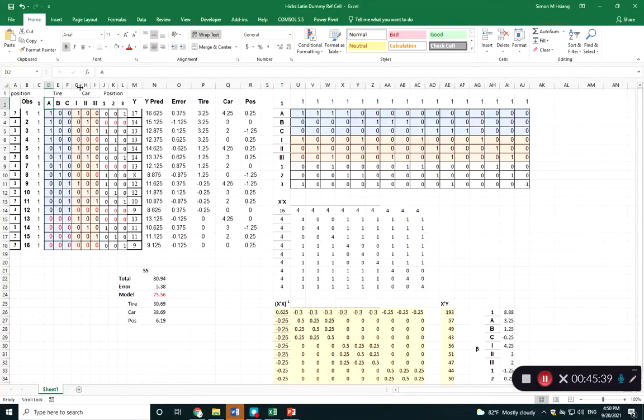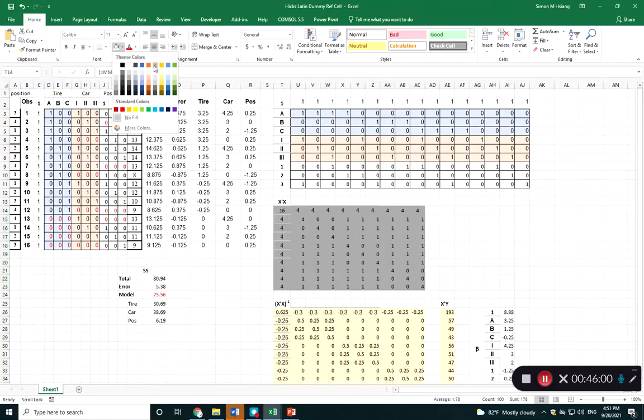See that? I have 3 columns for my car. See that? So now I have 3 columns for my positions. So they use up all the degrees of freedom. And then you can have your X transpose X matrix.